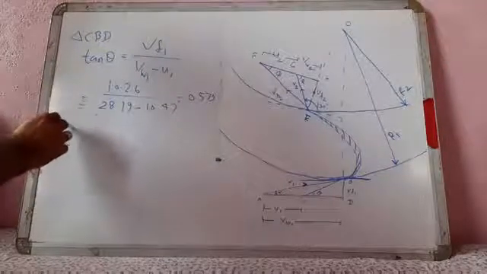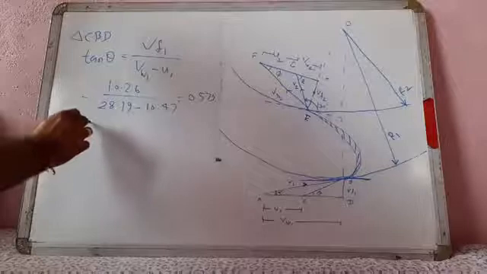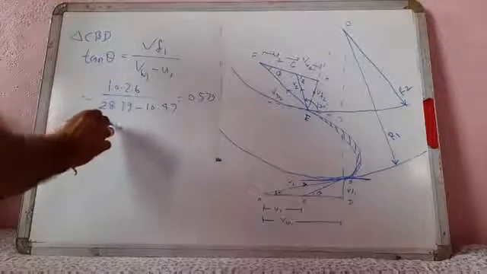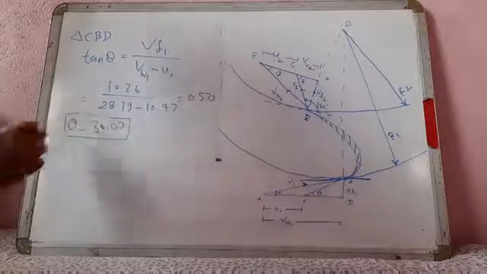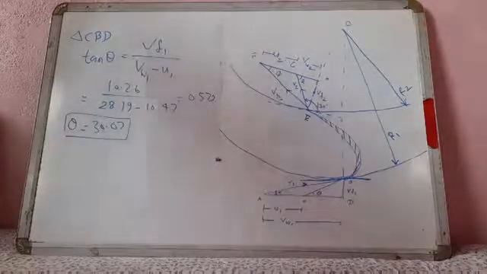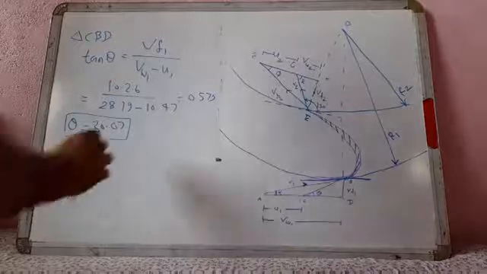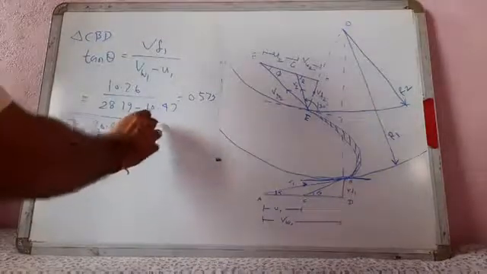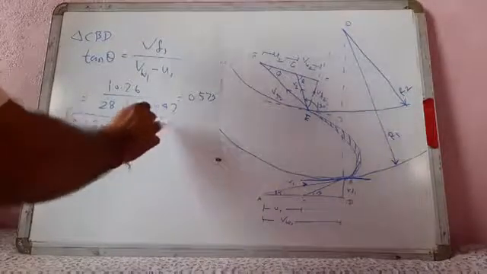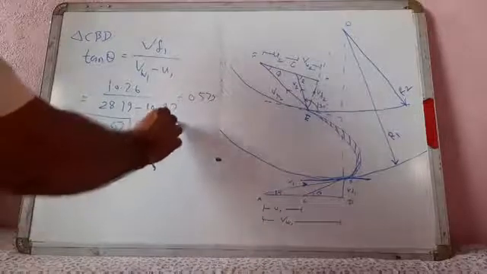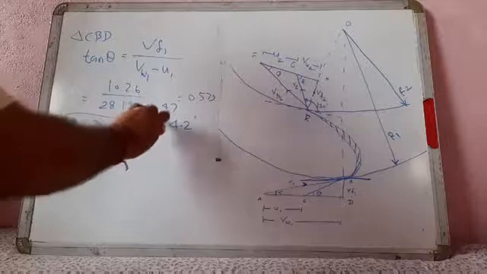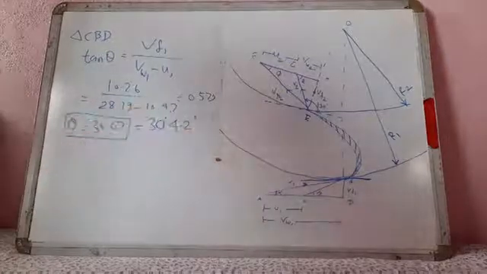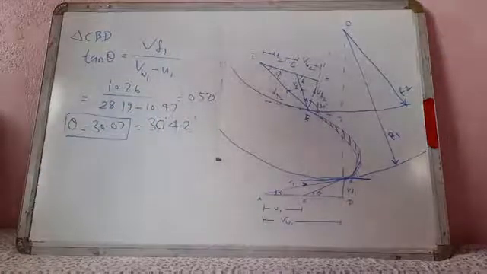So the value of theta comes to 30.07 degrees, or it can also be written as 30 degrees 4.2 minutes.